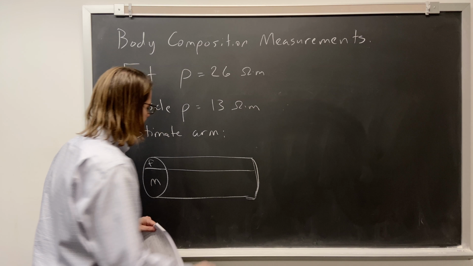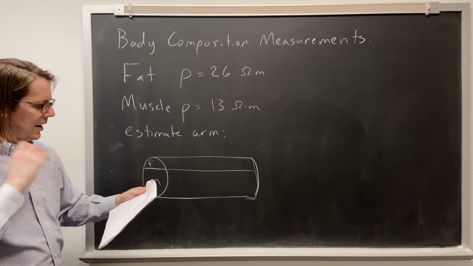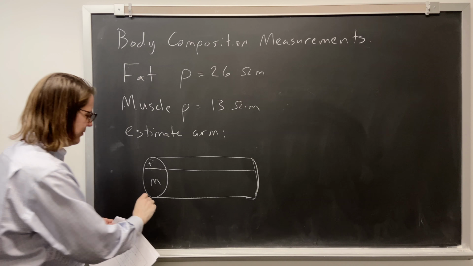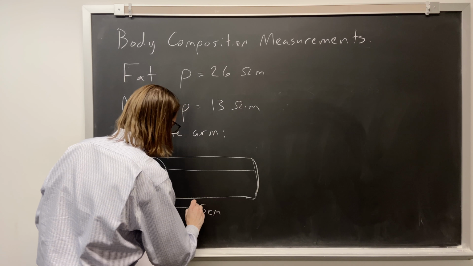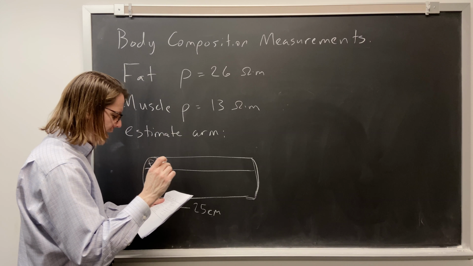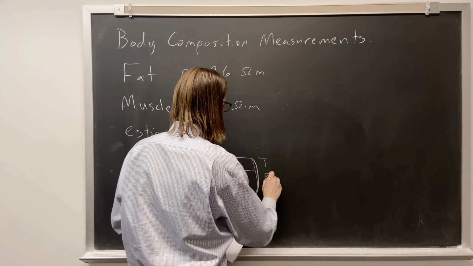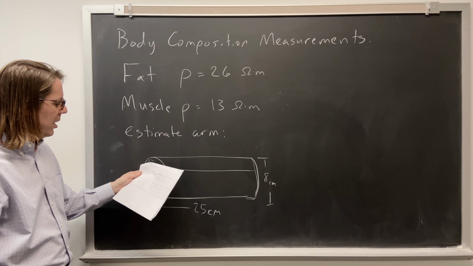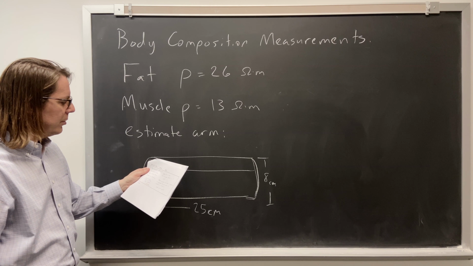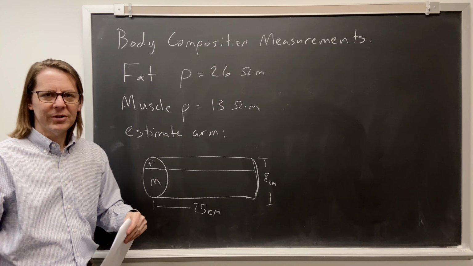Very nice. All right. I have some numbers here. We have 25 centimeters for the length of the arm, and 8 centimeters for the diameter of the arm. We're going to say X fat and 1 minus X muscle.